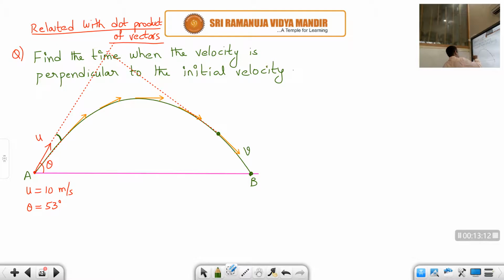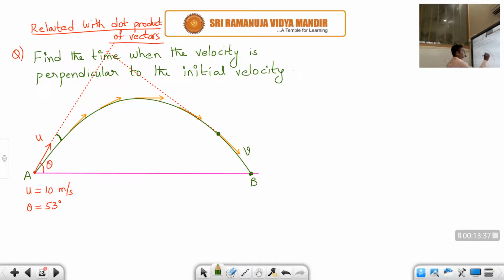So these are not the velocity vectors we need. These are not required for us. So for us, what is important is this one.